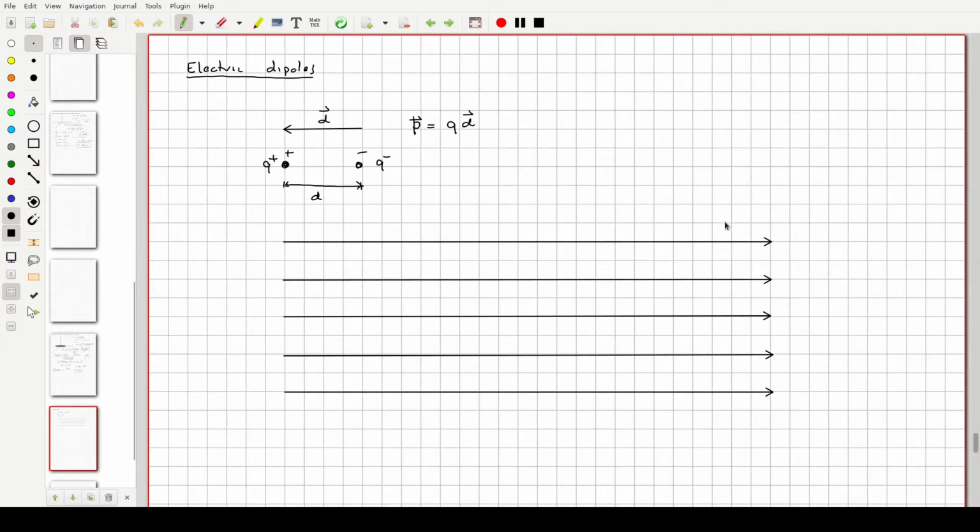I'm going to call it E. It's constant again, just to make life easy. And maybe I'll place my dipole here. Let me give it a different color. I'll give it green. Here we go.